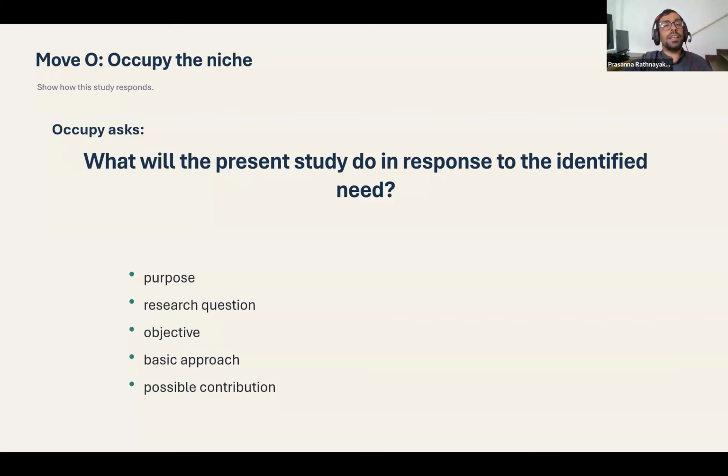So in occupying the niche, you are showing how your study responds to the void, the gap that you detected in your niche statement. Is it clear? Let me see a thumbs up if it is clear. Thank you. All right, let's move on.